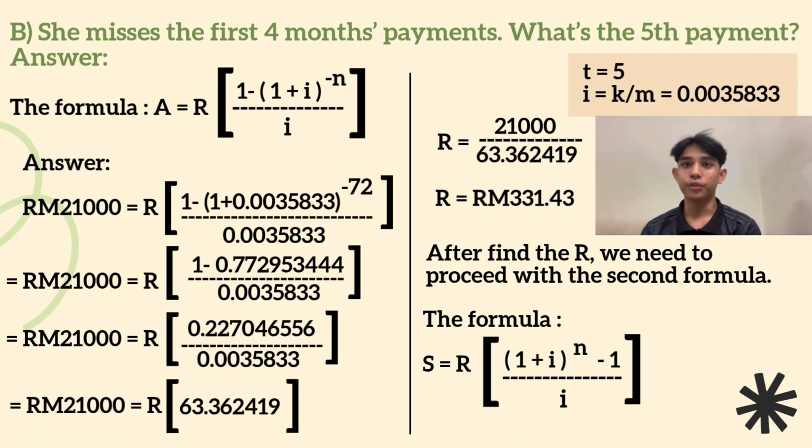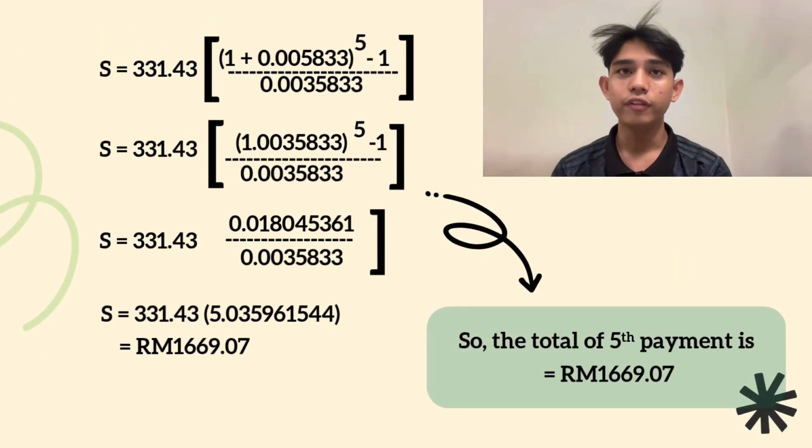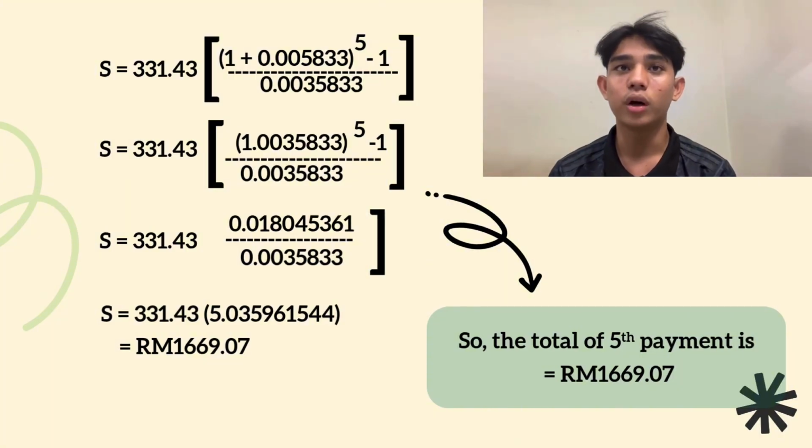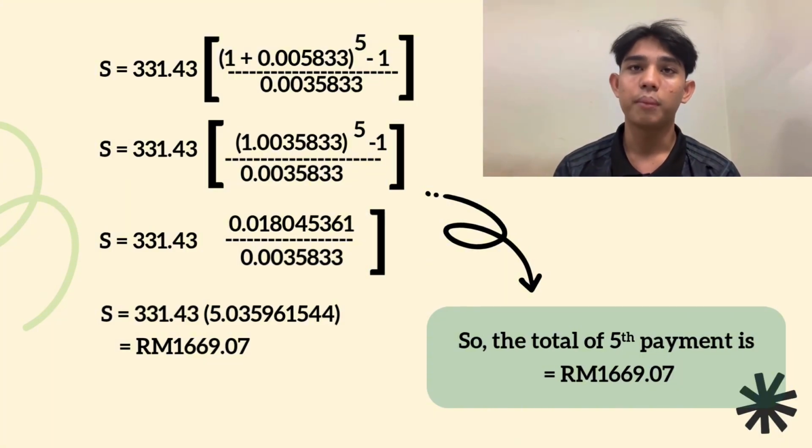After finding R, we proceed with the second formula: S equals R, large bracket, 1 plus i to the power of n, minus 1, over i, close the bracket. How to calculate? S equals 331.43 in bracket 1 plus 0.00358833 to the power of 5, minus 1, over 0.00358833.